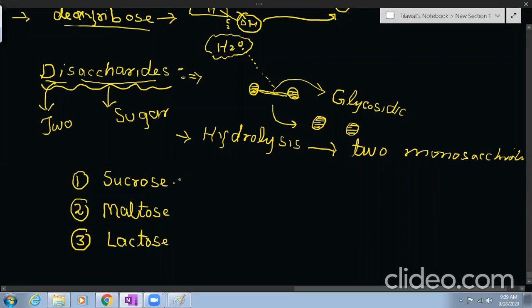Am I clear? In all these three, what is present? In all these three, we have glucose.